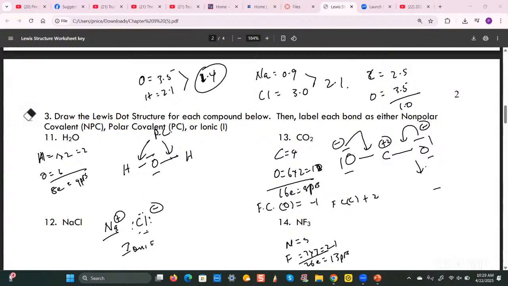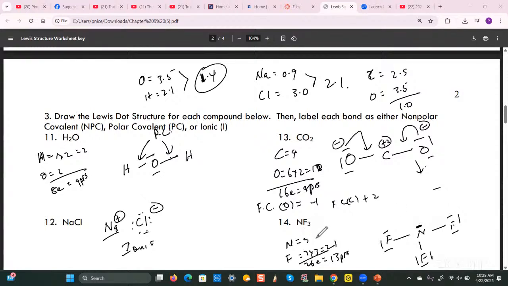So we put the nitrogen in the middle, surrounded with the fluorines. Put the bonding pairs first. 1, 2, 3, then 4, 5, 6, 7, 8, 9, 10, 11, 12, which means that the 13th electron will go here. And the formal charges will be 0. You can calculate that and you'll see 0.